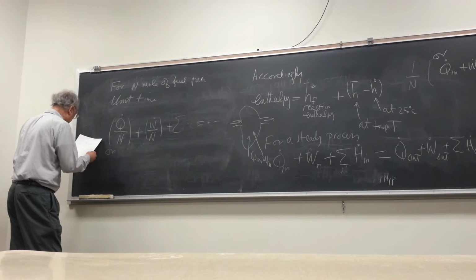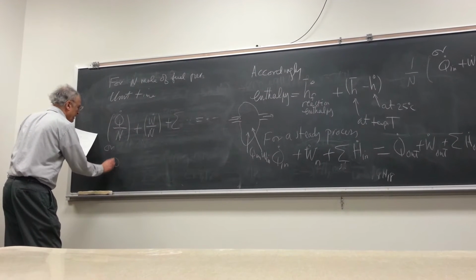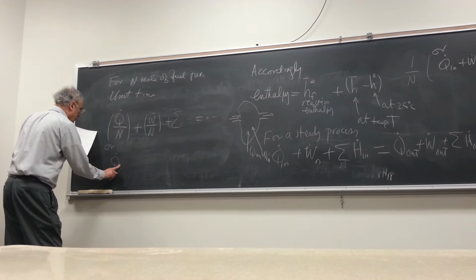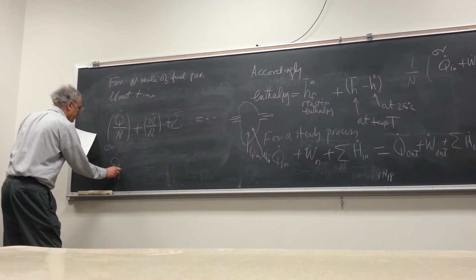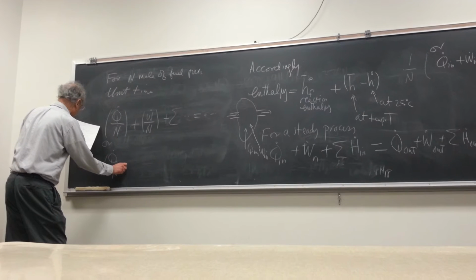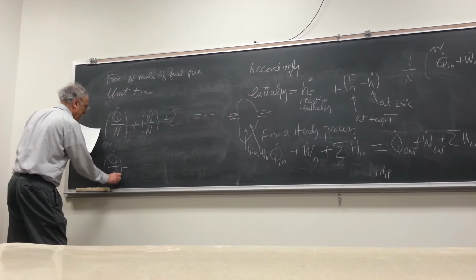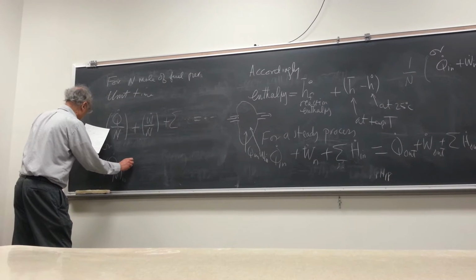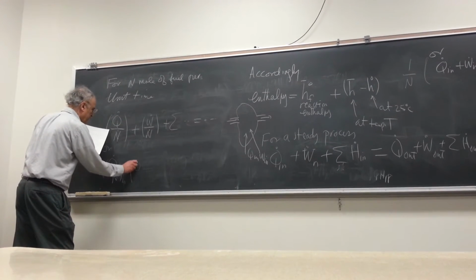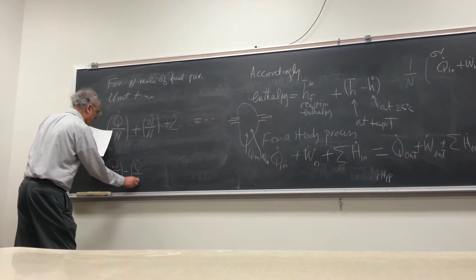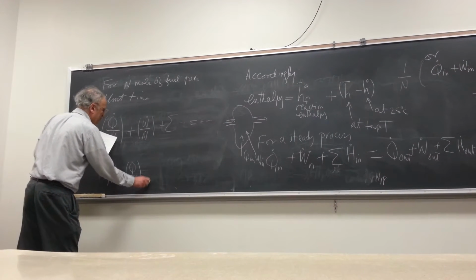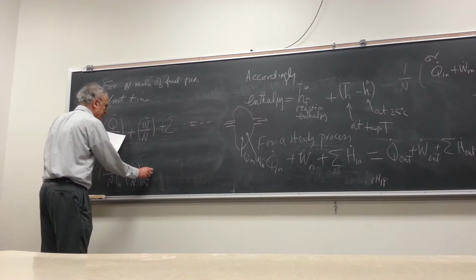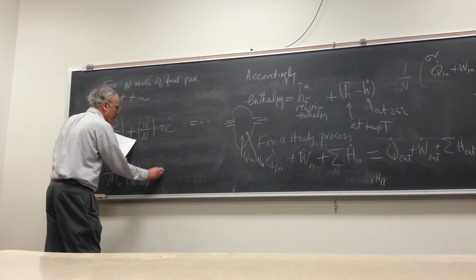The way it is would be Q dot over N dot in, minus Q dot over N dot out. I'll try to avoid that, which we can write as Q minus W.